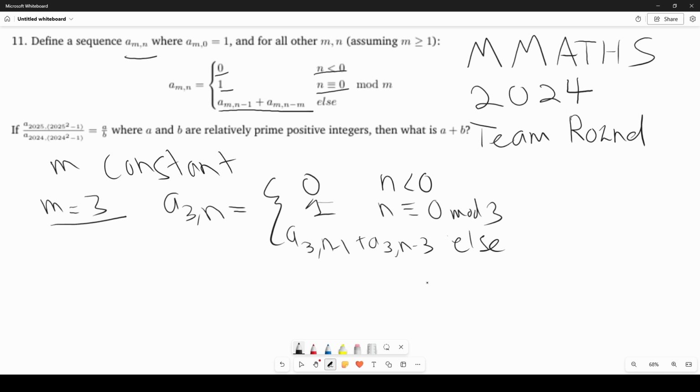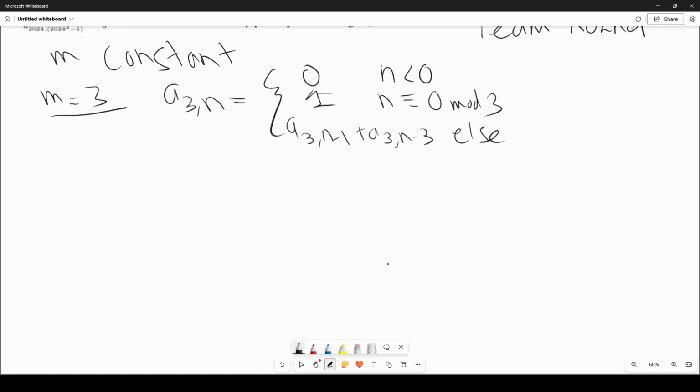And since the sequence here never moves away from m equals 3, you can basically just drop the 3, ignore it, and think of this as a sequence in terms of n, because everything else just depends on n here. So for an easier example, let's try m equals 3 here.